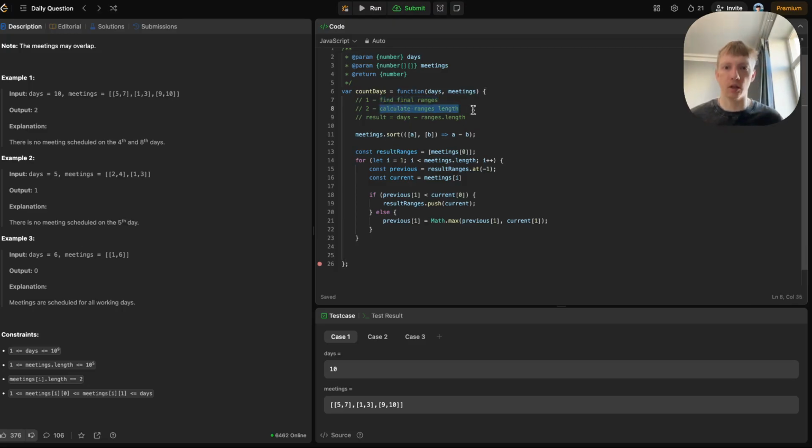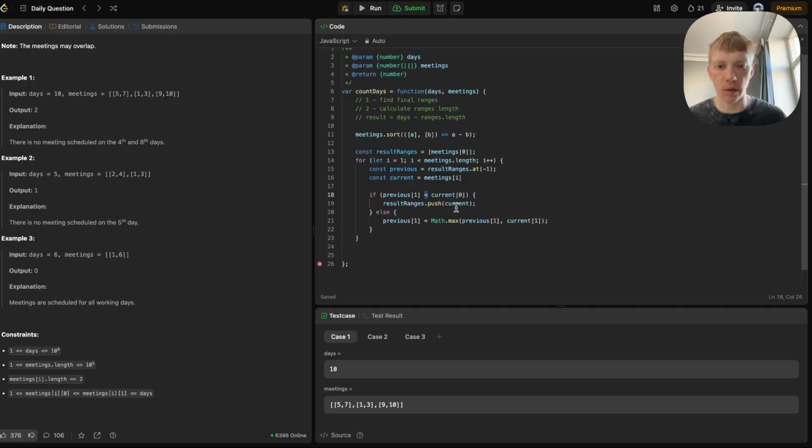Now calculate ranges length. Well, I can make it with one more condition: previous[1] less than current[0]. If we have end 5 and start 6, then we can merge it.